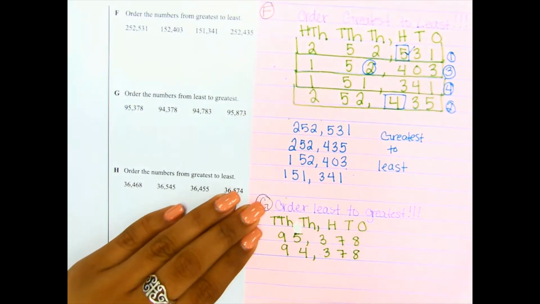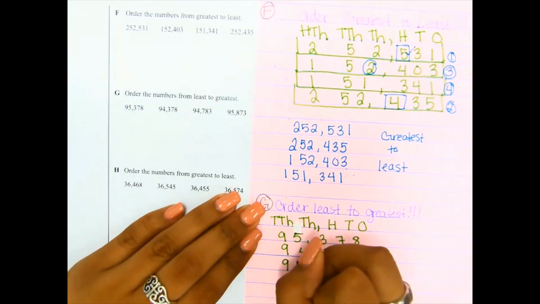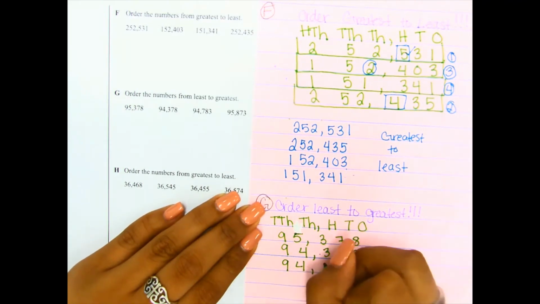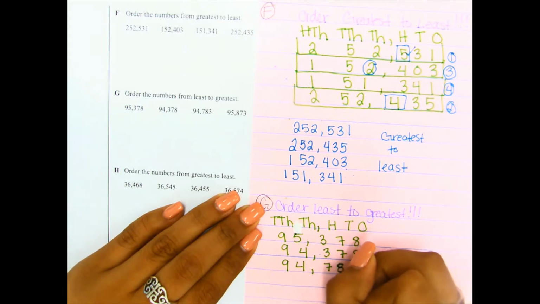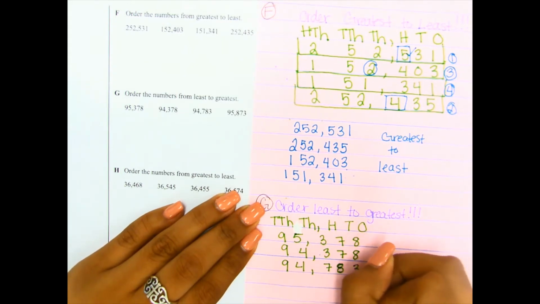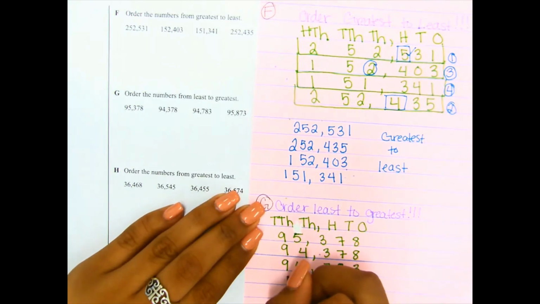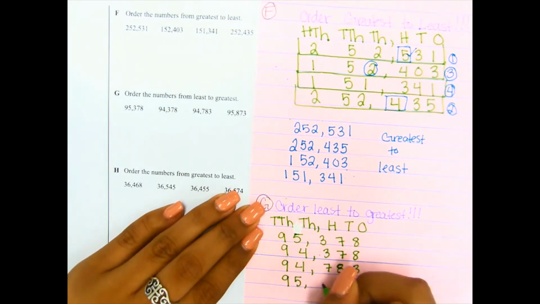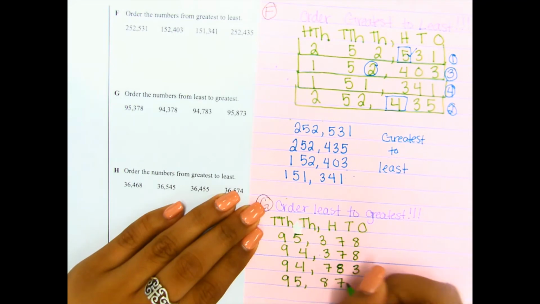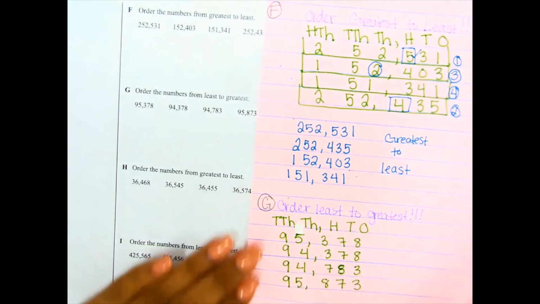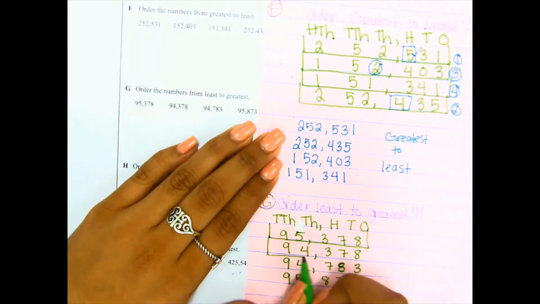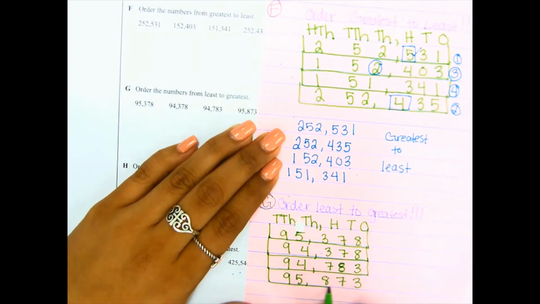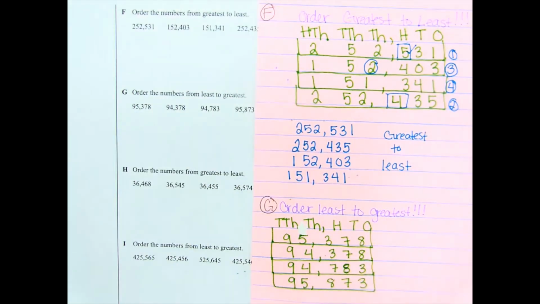Next up is my 94,730. 783. Now, my last number, 95,873. I'm going to compare each of these numbers. I'll box them in. And I'm going to check them. I'm going to go one by one.